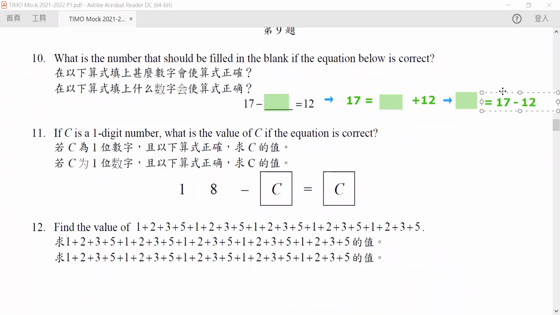Or in other words, it is exactly equal to 5. Okay, so our answer for this question is equal to 5. This is our question number 10.